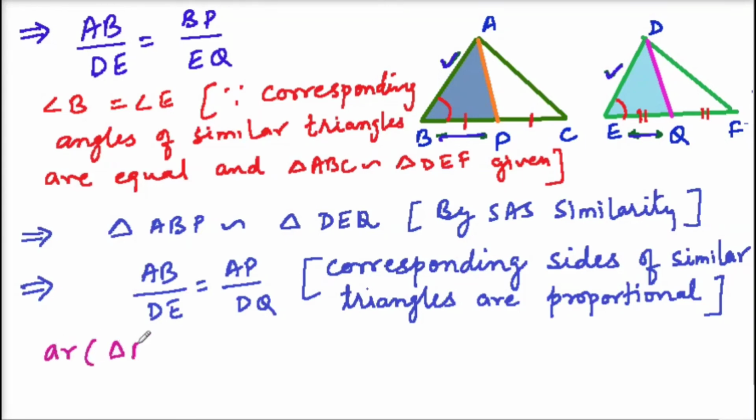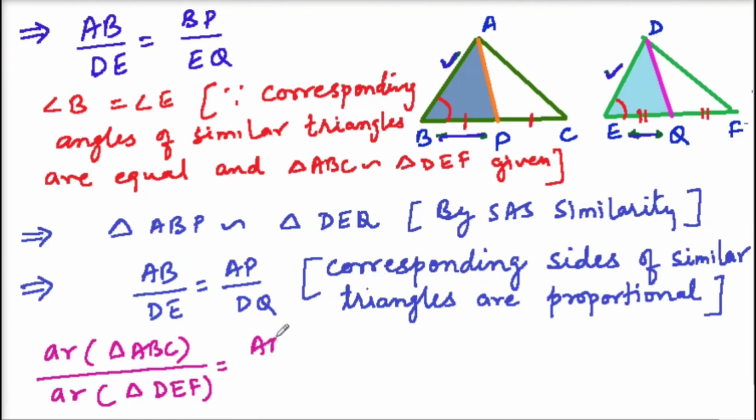We also know that area of triangle ABC upon area of triangle DEF equals AB square upon DE square.